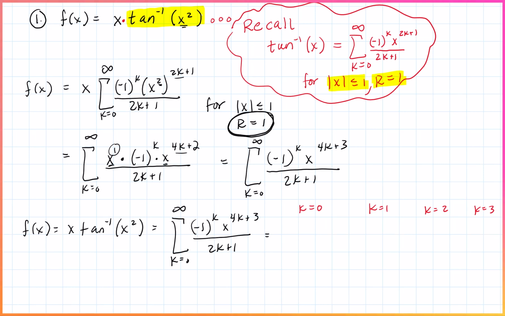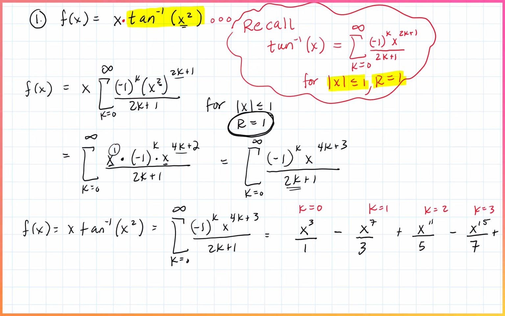So if I plug in 0, the numerator becomes negative 1 to the 0, so it's positive. So we start with a positive term, and we're going to have x to the third over 1, so just x to the third, minus x to the 7th over 3 when I plug in 1 for k, plus x to the 11th over 5 when I plug in 2, minus x to the, when I plug in 3, 4 times 3 is 12 plus 3, I get 15, over 7 in the bottom.